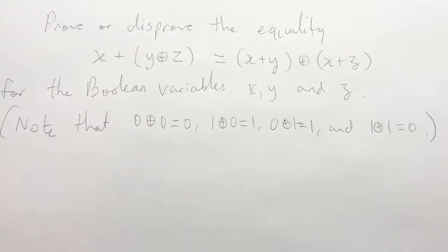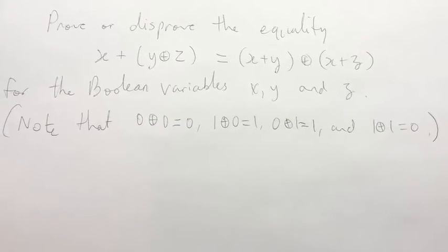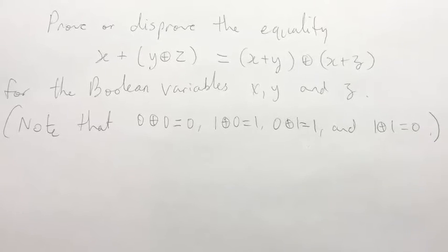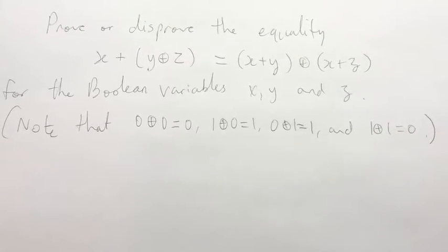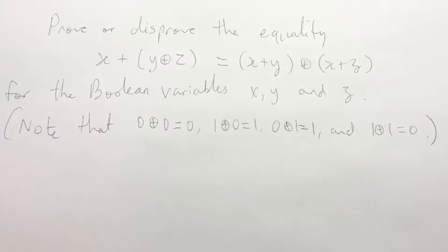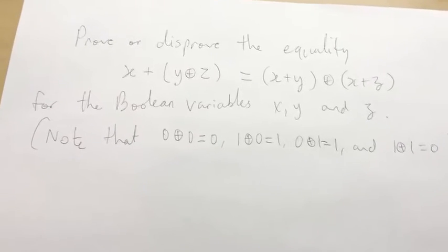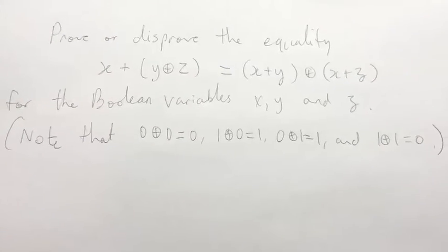Boolean, I think, refers to logic, so it might mean that x, y, and z could only take the value 0 or 1. That would be a good guess. But we still don't know what this plus with the circle around it means. Oh, but look, in the note, I think that's what they're trying to address.